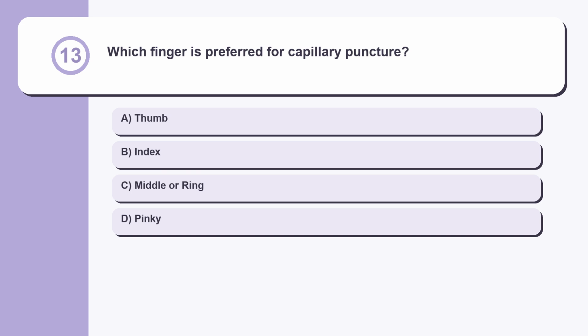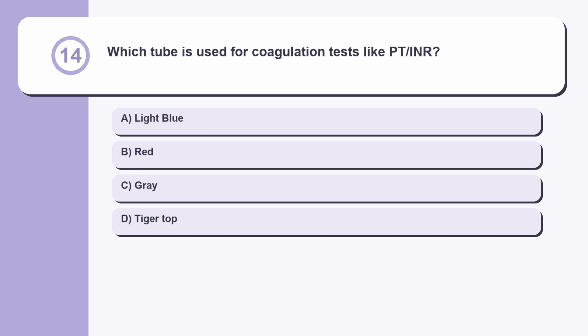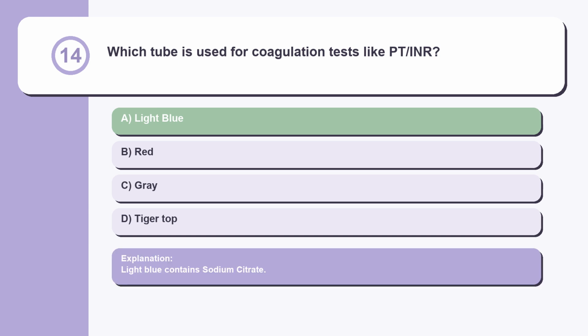Thumb, index, middle or ring, pinky. Middle or ring fingers are standard. Question 14. Which tube is used for coagulation tests like PT/INR? Light blue, red, gray, tiger top. Light blue contains sodium citrate.